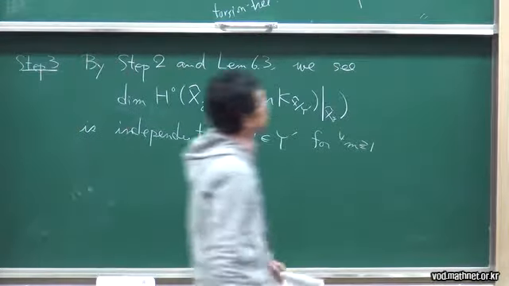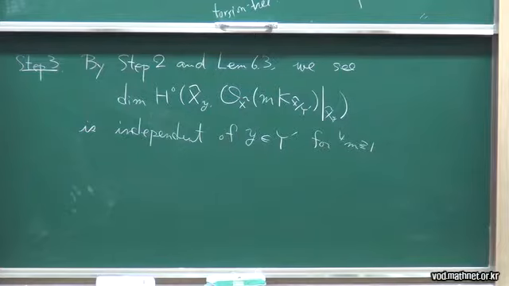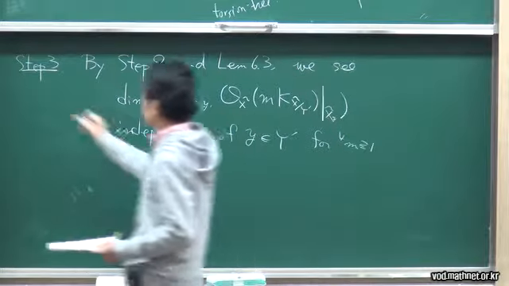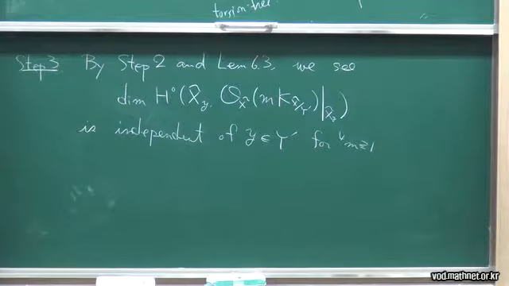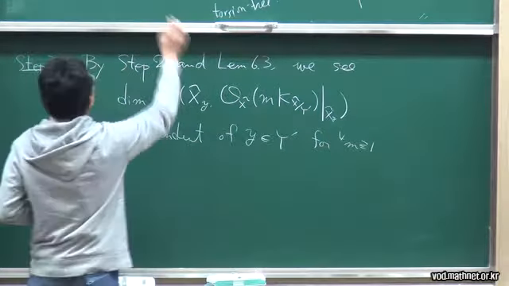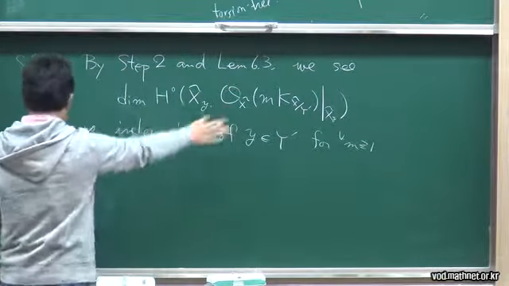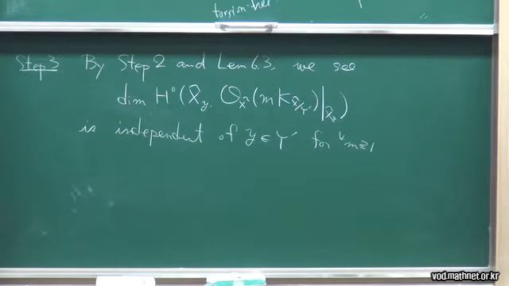And the key point is that we can first take an arbitrary point P and take a general intersection curve C. So by combining Step 2 and Nakayama's lemma, we obtain this is independent of y.